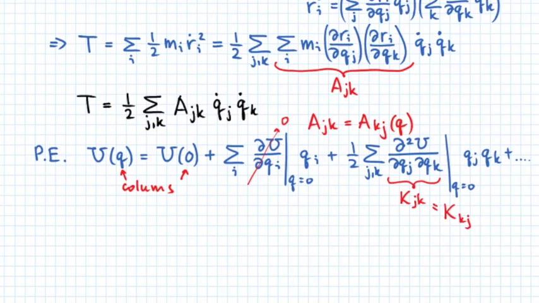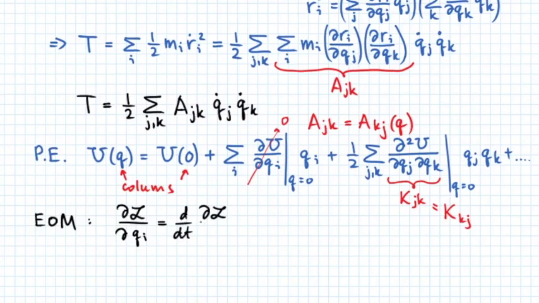Now we are ready to produce the equation of motion, which, as we know, is given by the partial derivative of the Lagrangian with respect to coordinate q sub i on the left-hand side, and on the right-hand side, the full time derivative of the partial derivative of the Lagrangian with respect to generalized velocity q sub i dot, where i will have values from 1 to n.